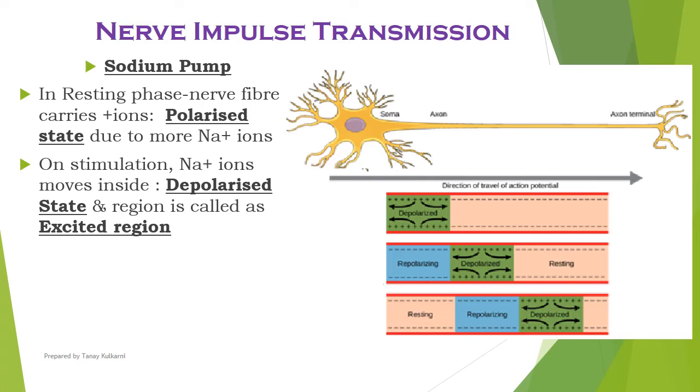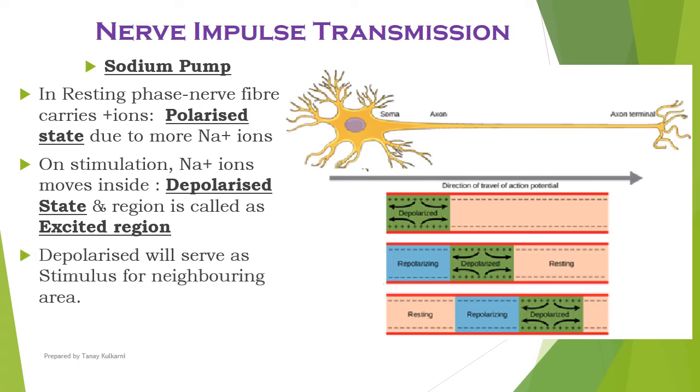So this much part of the neuron will get depolarized or excited. You can simply say this is one myelin sheath or between nodes of Ranvier, correct? Moving ahead, this depolarized part will serve as a stimulus for the neighboring area, correct?